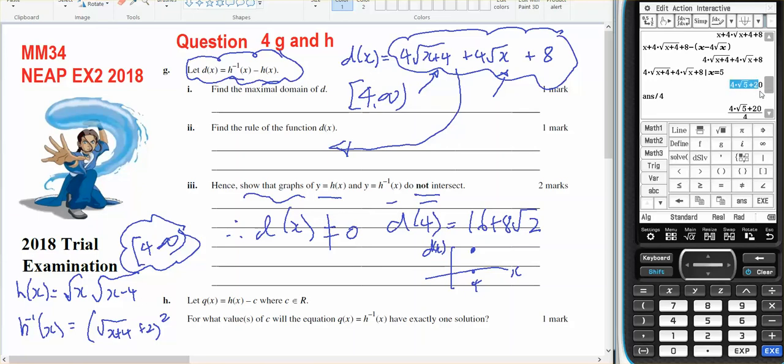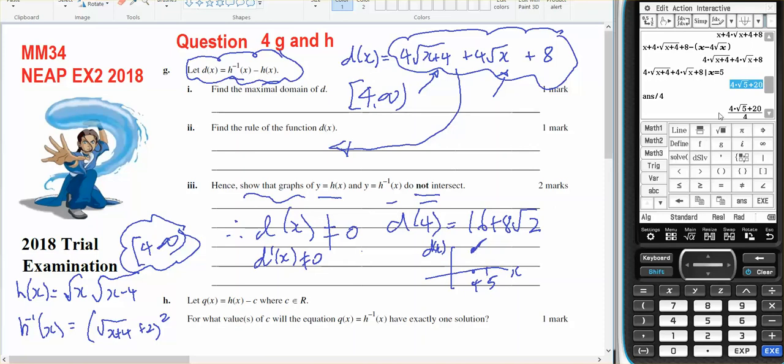And I get 20 plus 4 root 5, therefore it's going up. So it's not coming down. If I take the derivative, and I can prove that the derivative, so d dash of x, can never equal 0, therefore this can never ever go down, therefore it can never ever get to 0.